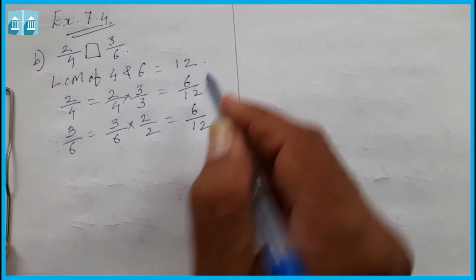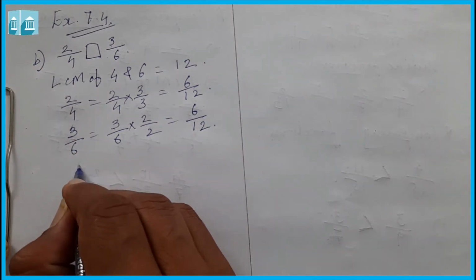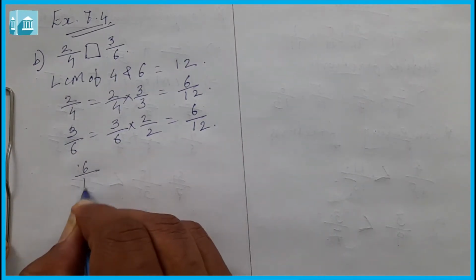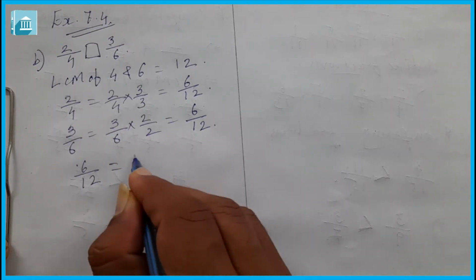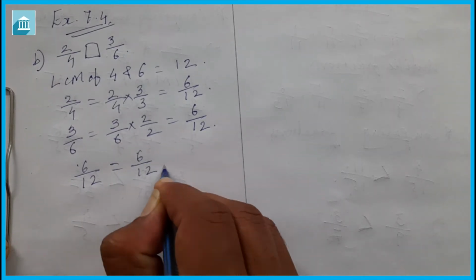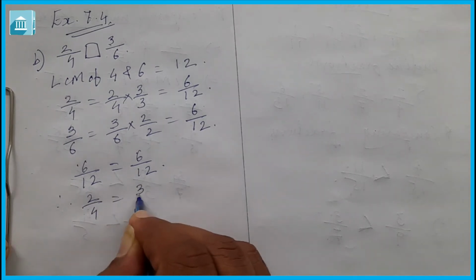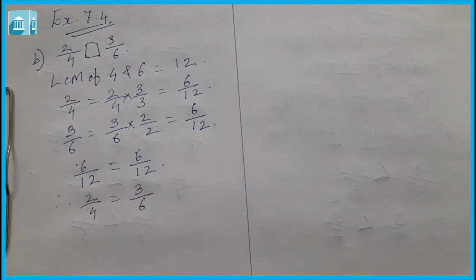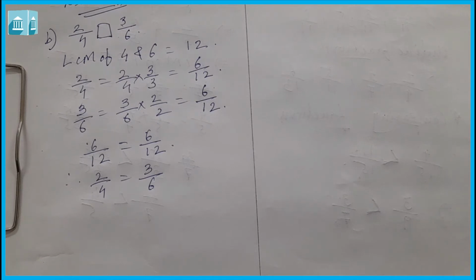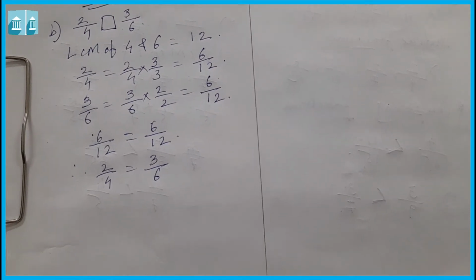So both are 6 upon 12, and therefore 2 by 4 is equal to 3 upon 6.